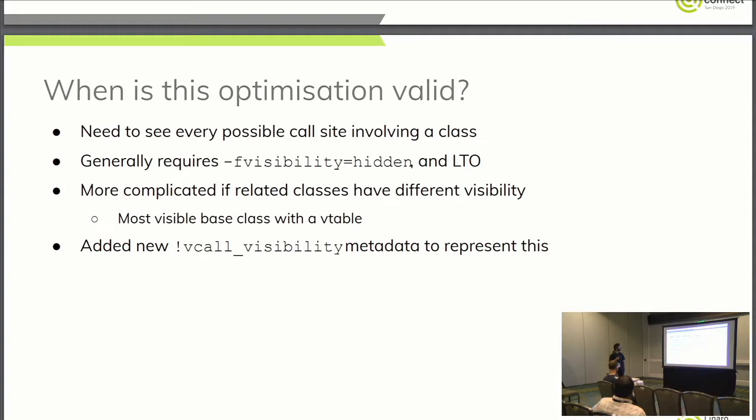There are some more complicated classes. There is an attribute you can use to change the visibility per class. That makes things a bit more complicated because a call could go through a more visible base class. So I've had to add a new bit of metadata, vcall_visibility, to represent this in the IR because it's not otherwise represented there.